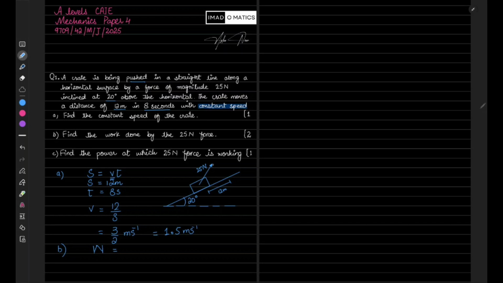If force 25 Newton is applied to drag this 12 meters, the work is the force applied in the direction of the displacement multiplied by the displacement. Normally we have F dot D, but as this is an inclined force, not acting horizontally in the direction of the displacement, we will first find the components.